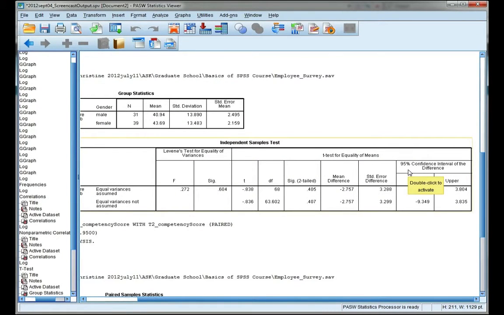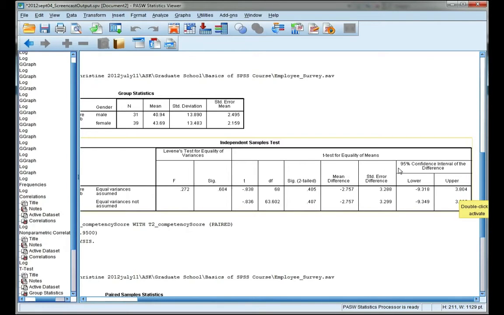Lastly, we're given a confidence interval. I've left mine at 95% because my level of significance is 0.05. We're given a lower bound and an upper bound. This confidence interval is for the mean difference, so it's a confidence interval for this value here.